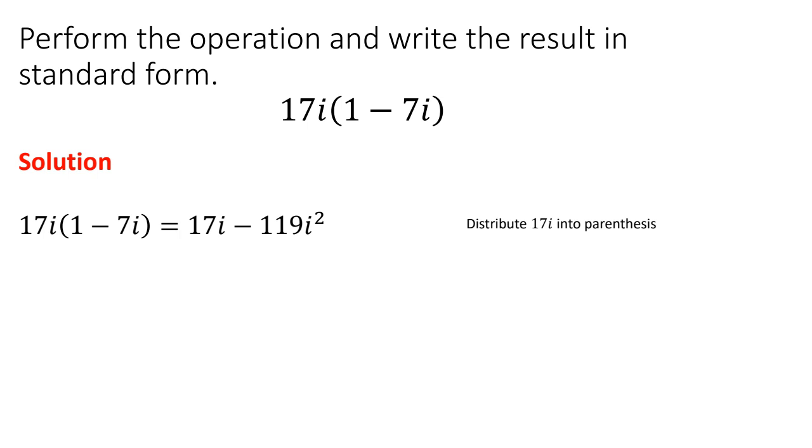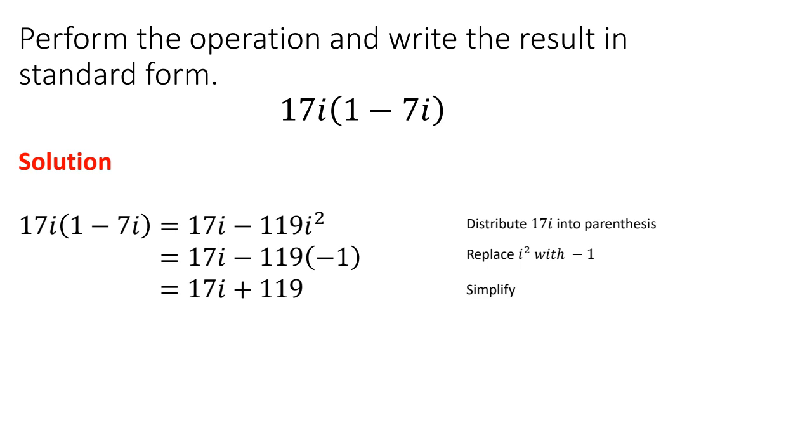Again, i squared is -1, so I'm going to replace it. A negative times a negative is a positive. But please do not put this on the computer or on the test. You're going to get it wrong because it's not in standard form. Standard form is real plus imaginary. So flip it. I have 119 plus 17i. This is the way the computer wants it and how your instructor wants to see it.